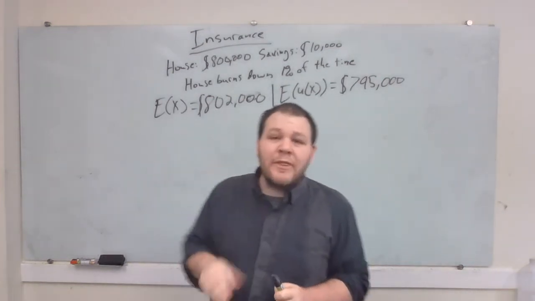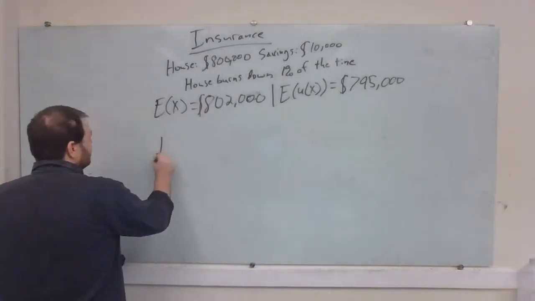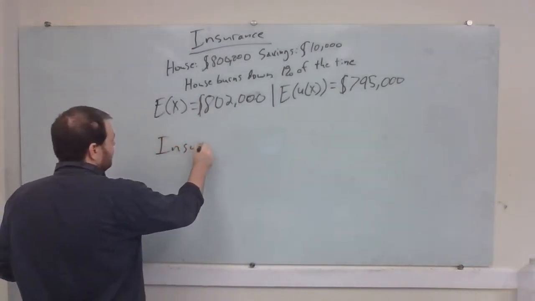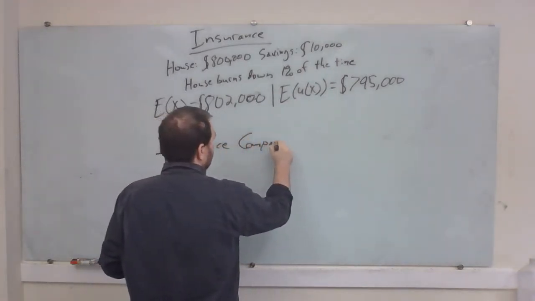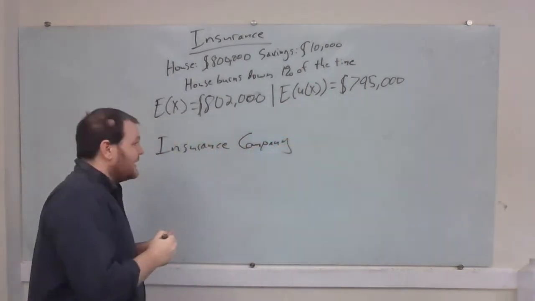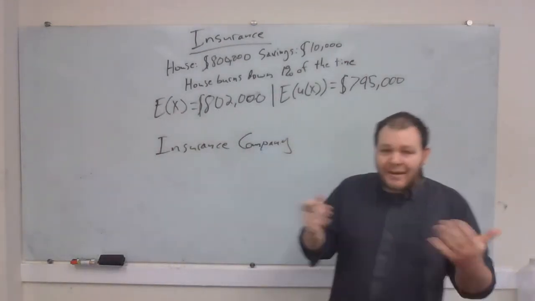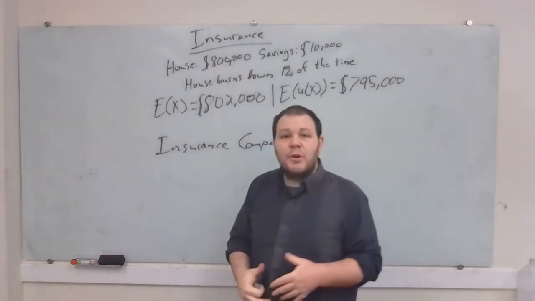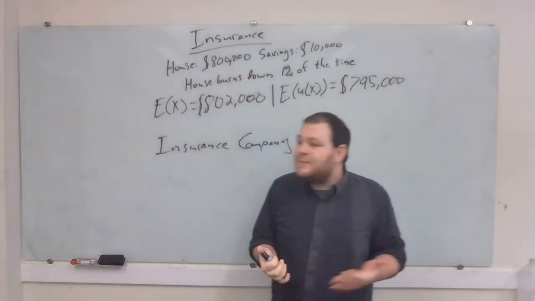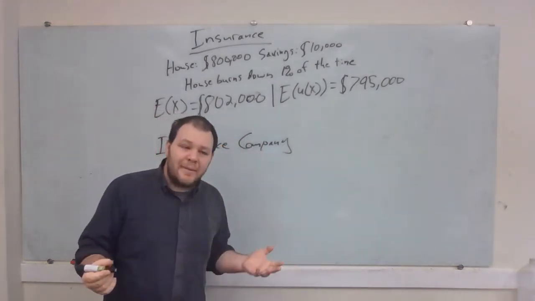Now, of course, it turns out that there are people willing to make that offer, called insurance companies. The reason the insurance company is willing to say, pay me a certain amount every single year, regardless of whether your house burns down, and I'll give you money if your house does burn down, is because they're not just making this offer to me, they're making this offer to a million other people.